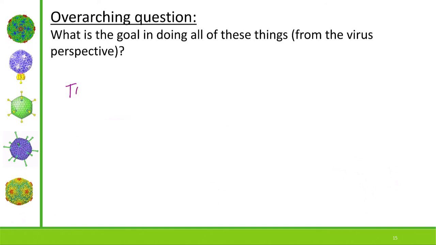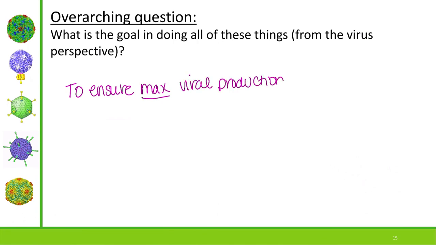So hopefully you are yelling at the screen and you are telling me that the goal here is to ensure maximal viral production. And of course, when we do this, not only do we want to ensure maximal viral production, but we want to get out before the host immune system responds. That is kind of key and clutch.